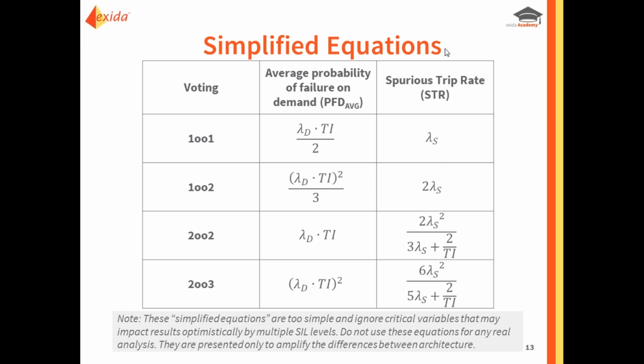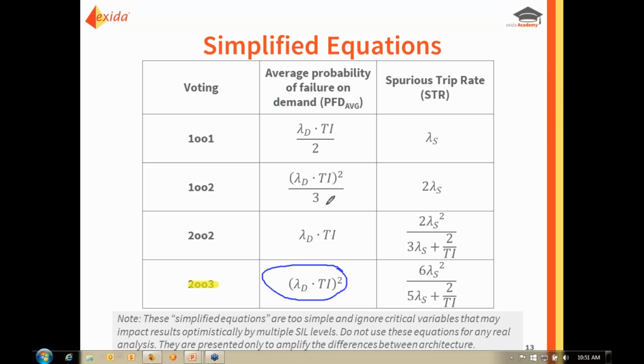If we look at this, we see that for a 2 out of 3, your PFDavg formula is roughly the same as for a 1 out of 2, and your spurious trip is roughly the same as for a 2 out of 2.